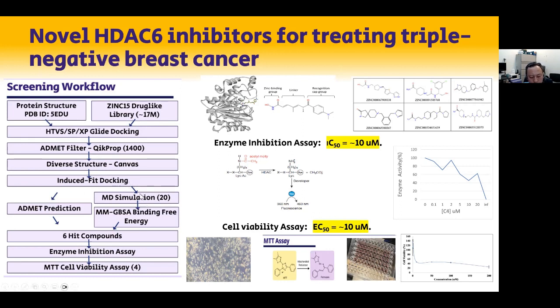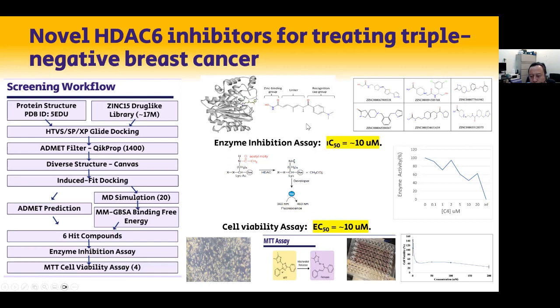Then we do molecular dynamics simulation to check stability and to calculate the binding free energy. With that, we picked 6 compounds. Then we want to do the wet lab testing, the enzyme inhibition assay and the cell viability assay, to check if it works. Okay, so here are the 6 compounds we identified.